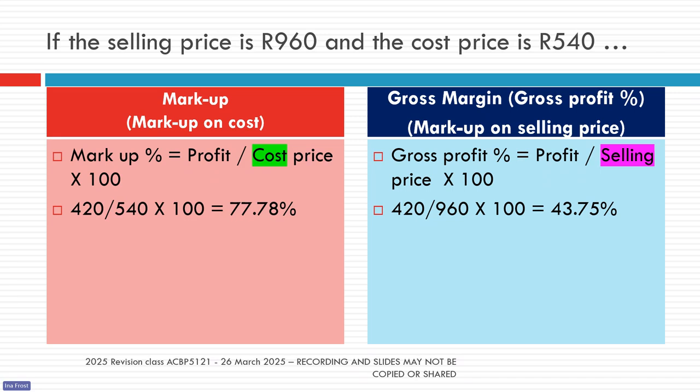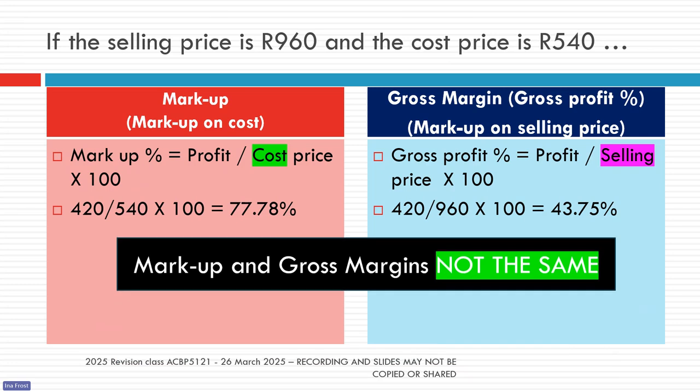So you can see it gives me two completely different answers, whether I'm working with a markup or a gross margin. So it's very, very important in the test that you use the correct formulas. Otherwise, it will impact the accuracy of your amounts.